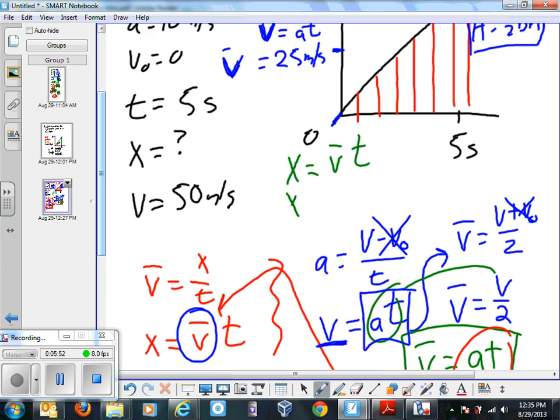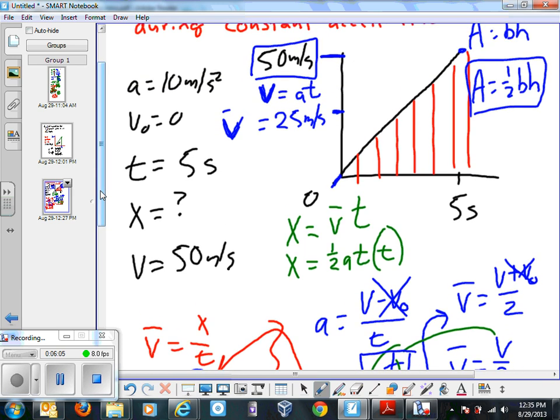Keeping this in acceleration terms, our average velocity is 1/2 times acceleration times time. If we look at the area under the curve, our average velocity here, which would describe this graph, instead of A we're going to put X. Now, it would be 1/2 AT, right?